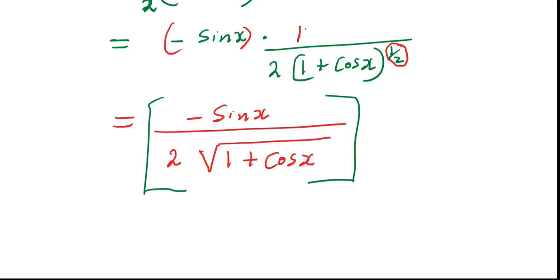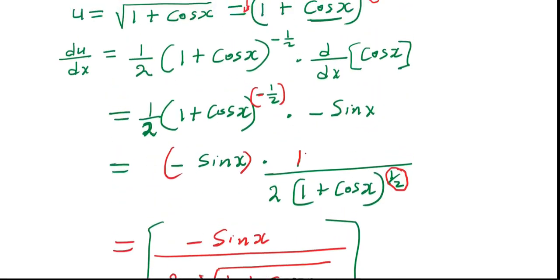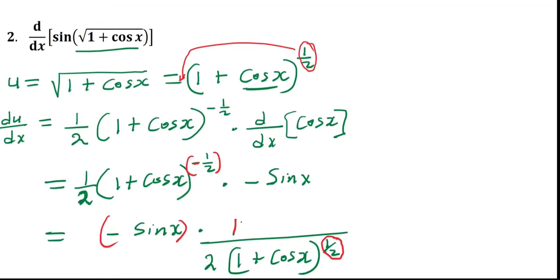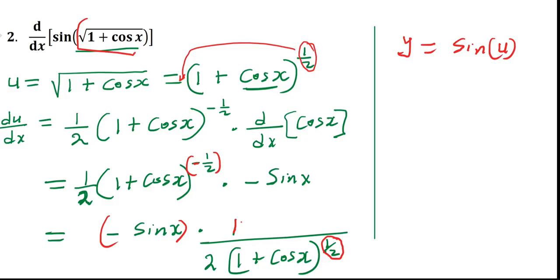Okay, so now let's go back to the question. Now that we have found the derivative of u, we can set the question as y equals sine u, because we declared the whole of this as u, as you can see over here.